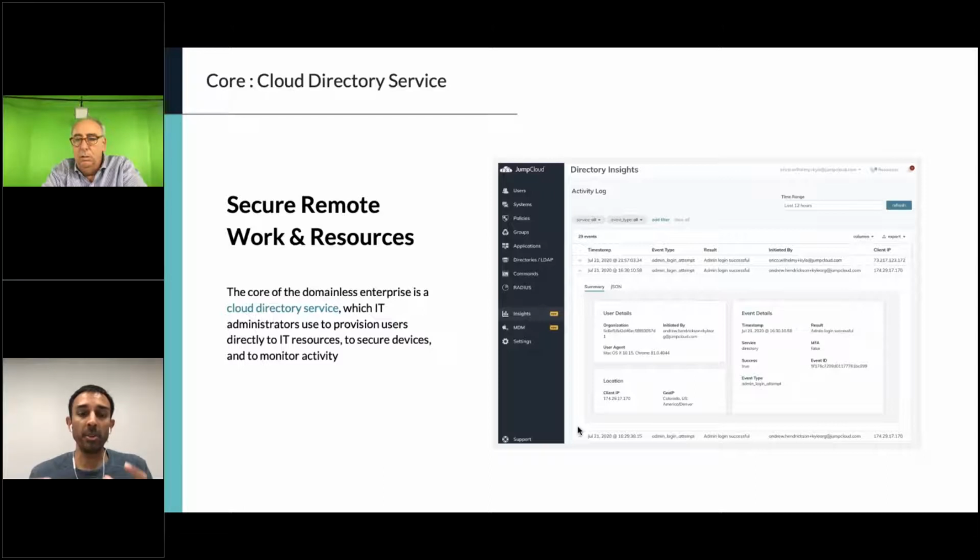So a core directory service now is more modern: it's hybrid cloud, it's multi-cloud, it's on-prem, it's remote, it's multi-platform, it's multi-protocol. It doesn't matter where it is or where the person is, what the resource is, where it is, all those things are flexible.